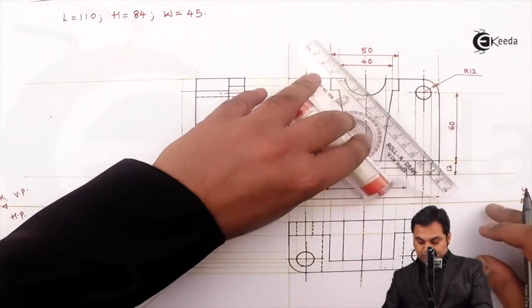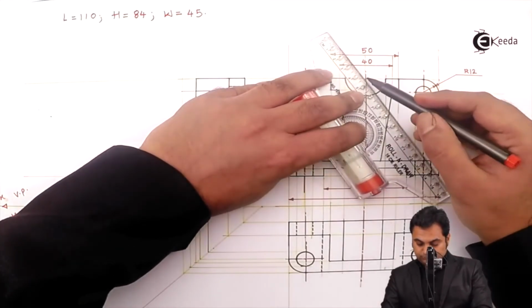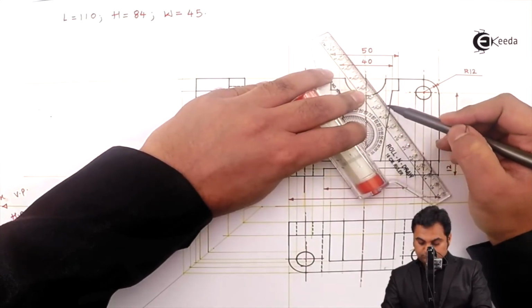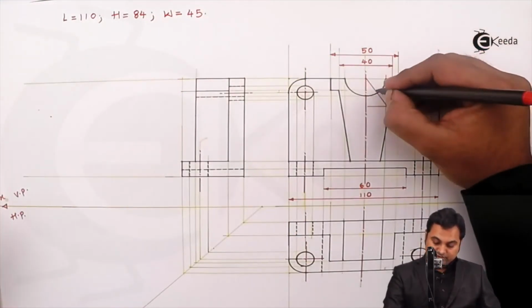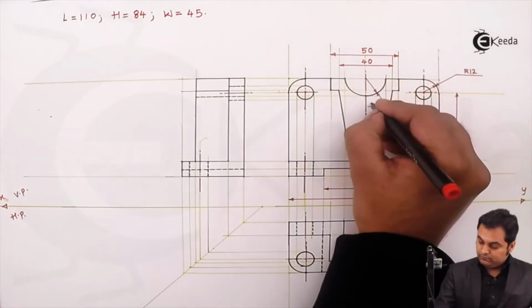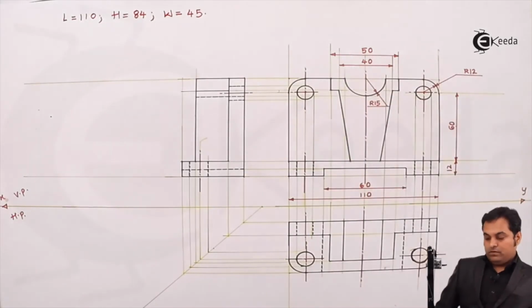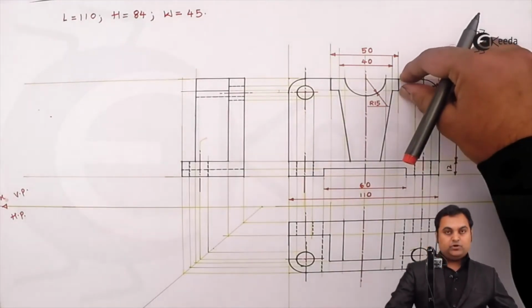Here we have this semicircular portion whose radius is 15 mm. Next, the height of this block is 10 mm.